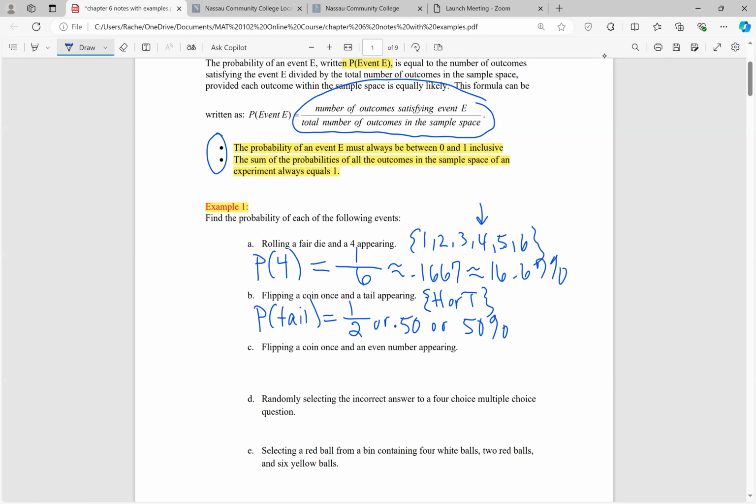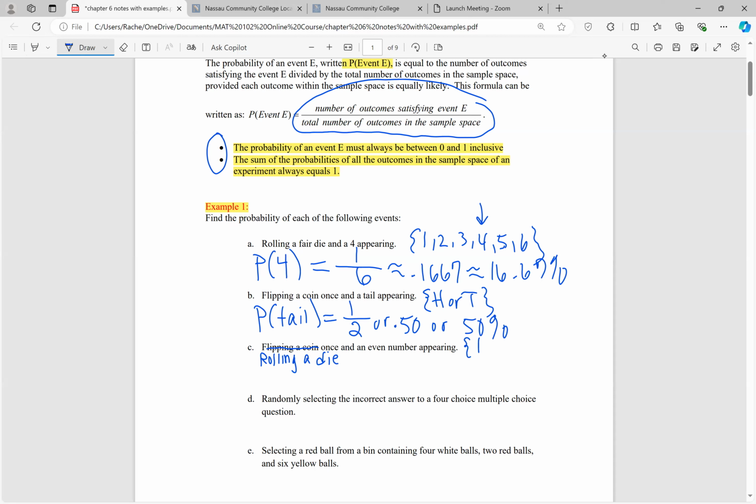Let's look at part C. What about flipping a coin once and an even number appearing? I think this is supposed to be rolling a die. So let's fix this. I just realized there's a typo. Instead of flipping a coin, because when you flip a coin, there's only heads or tails, this should be rolling a die once and an even number appearing.